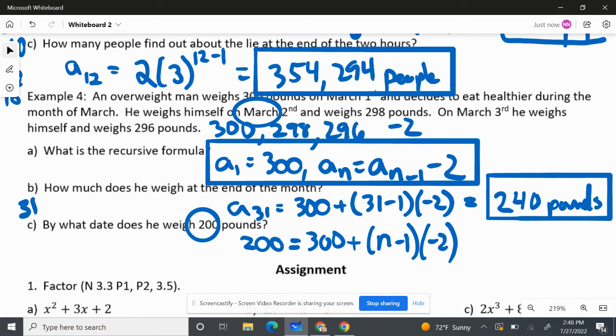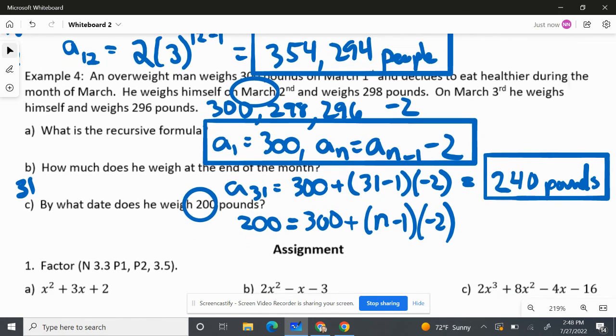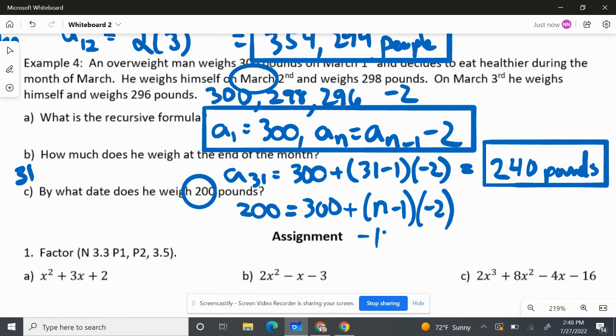So I subtract the 300, and that gives me negative 100 is equal to negative 2n plus 2. I subtract the 2, and that gives me negative 102, and then divided by negative 2, that gives me 51.